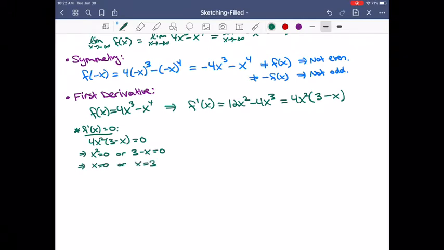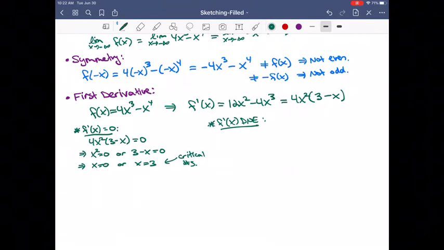Okay, these are critical numbers, because the derivative is 0 there. We should also think, okay, where does the derivative not exist? Okay, but here it's a polynomial, so it always exists. So we don't have anything like that.